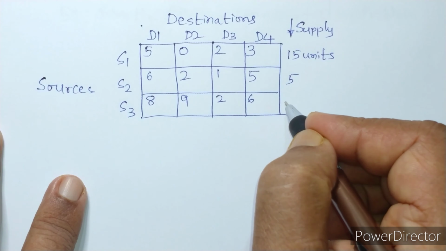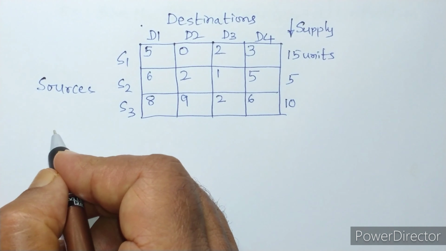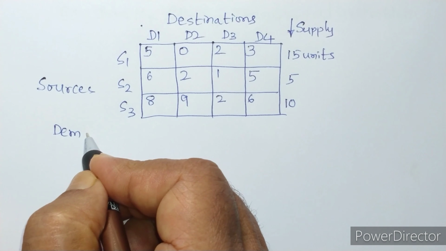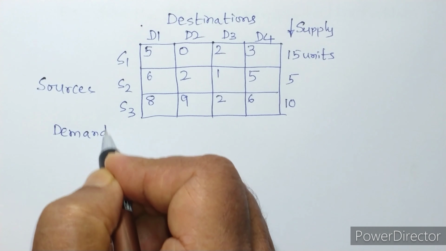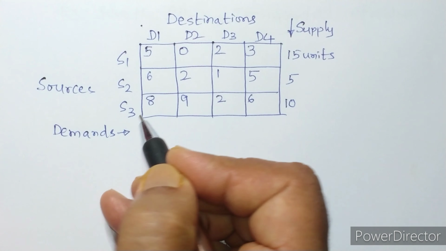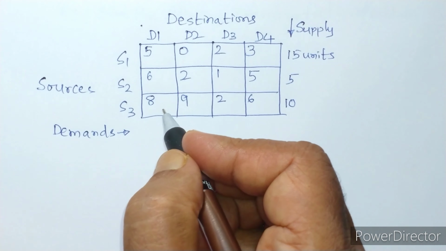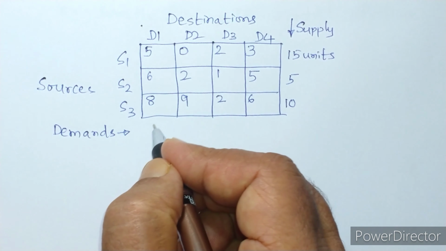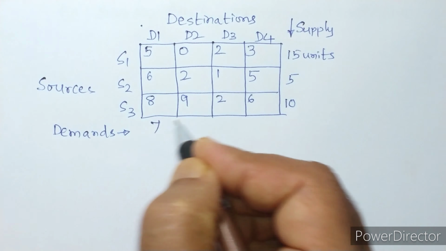And in the third row we have 10 units of availability of products. Demands are written below the columns. Demands from the dealers are written below the columns. The D1 dealer has demanded 7 units, and this is 3 units, and next is 12 units and 8 units.